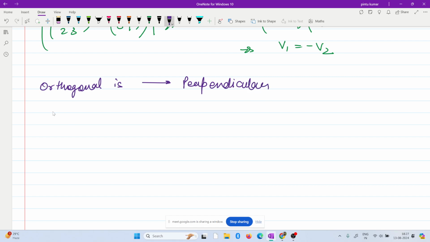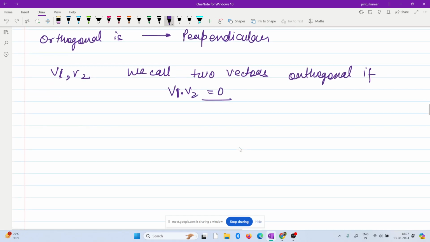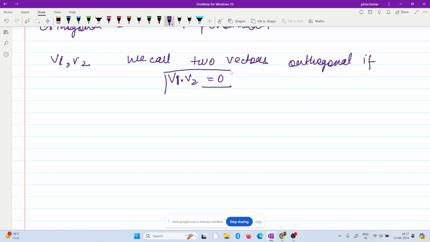If you have two vectors, let's say v1 and v2, we call the two vectors orthogonal if v1 dot v2 is 0. So this is the basic definition of orthogonal: the dot product between them is 0.